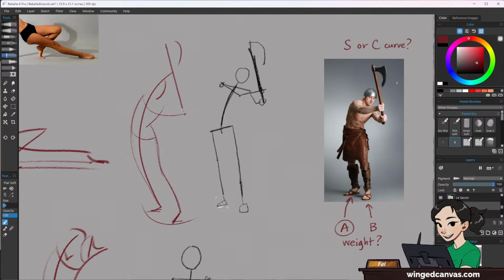If you look at his head, his head is even more forward, swinging even more forward. Let me redraw this axe.